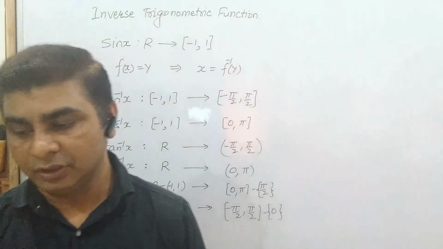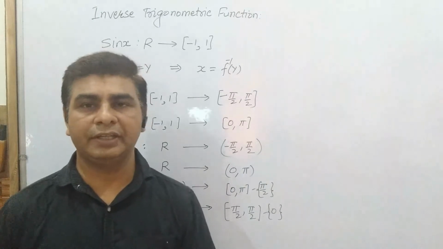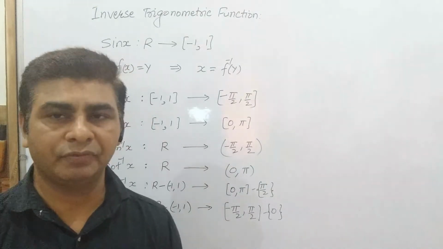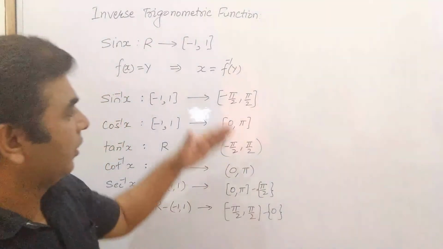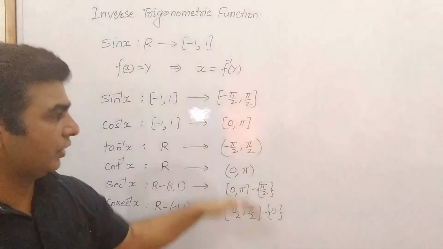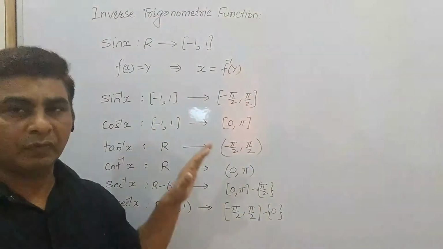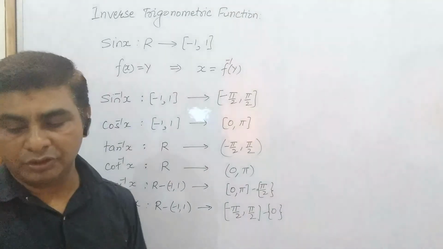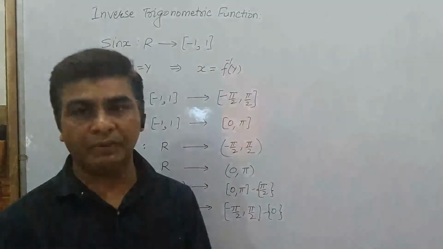So if you are asked to find the principal value of any inverse trigonometric function, it should lie within these given intervals. This is very necessary to find the principal value.